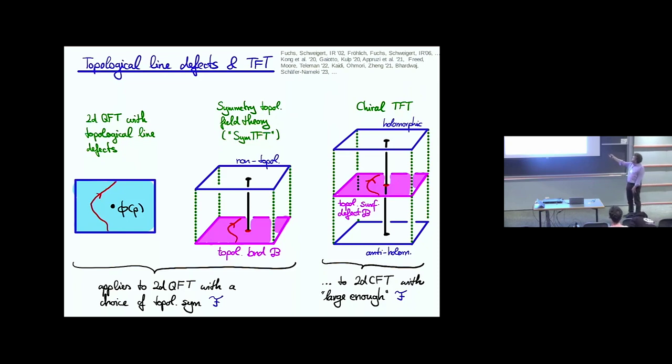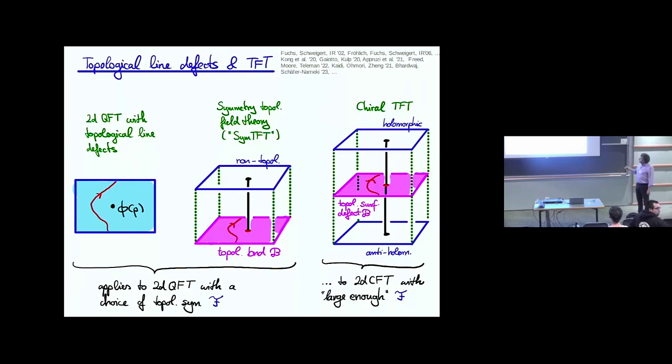And now we have 2 non-topological boundaries, one on which the holomorphic degrees of freedom of the field theory live, and one on which the anti-holomorphic degrees of freedom live. Right, and then this topological boundary here gets replaced by a topological surface defect, which separates the holomorphic and anti-holomorphic boundary, and you can go from this picture back to the symmetry TFT picture by folding it at this surface defect, which sits in the middle.